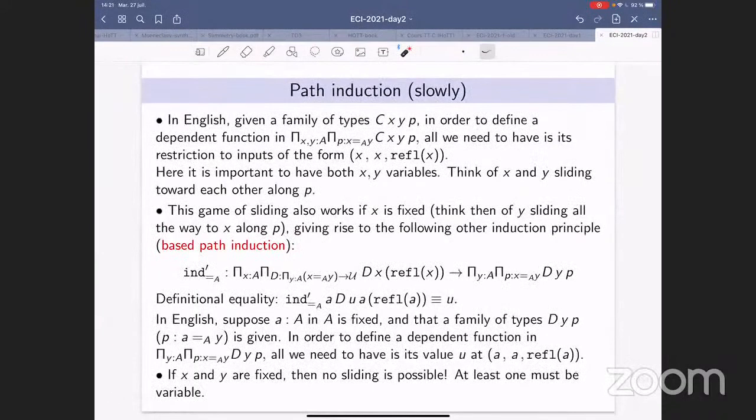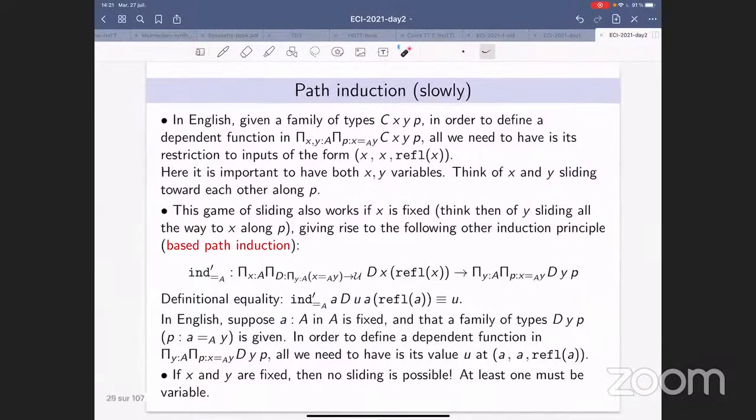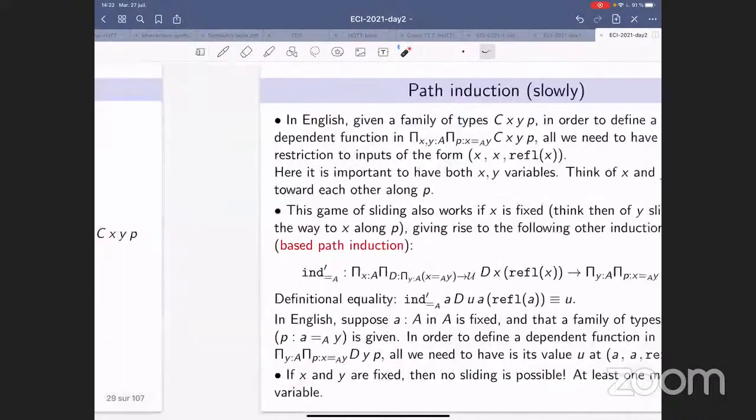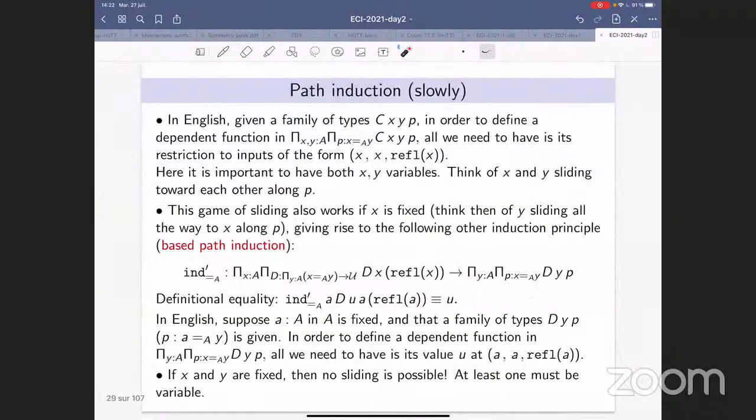If you are given a family of types C that depends on X of type A, Y of type A, and P of type X equals Y, and this is a type. So suppose that you have a type family parameterized by X, Y, and P.